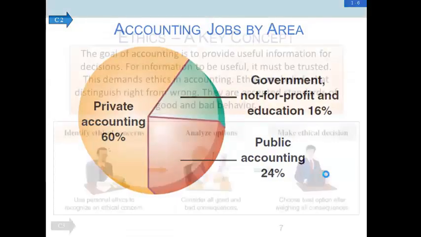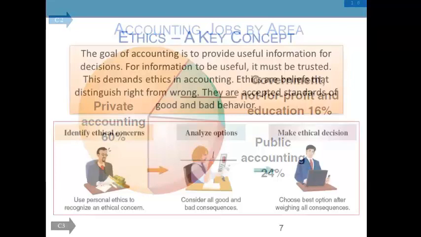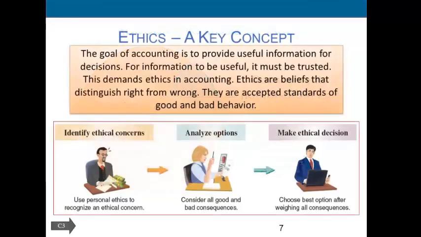So the next thing we need to talk about, which has become a pretty important topic in the world of accounting, is ethics. In the not too distant past, we've had a lot of financial and accounting ethical issues. In the late 1990s, early 2000s, there was a rash of accounting and financial fraud cases.